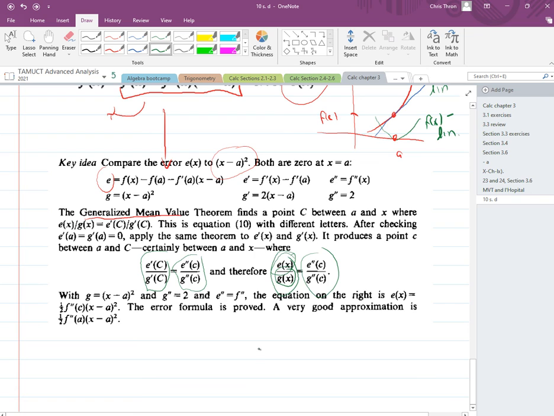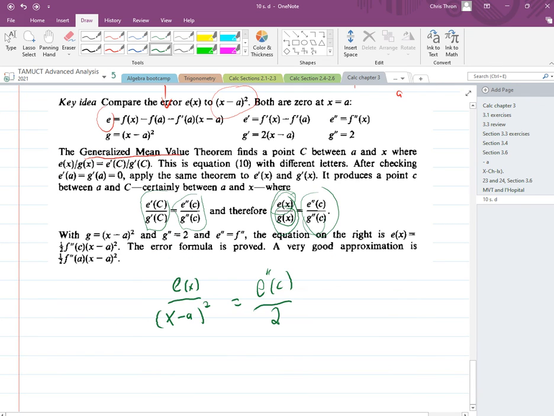So what I have is e double prime of c over g double prime of c is 2. And then my e of x is the error that I want. And g of x is x minus a squared. Right? All right.